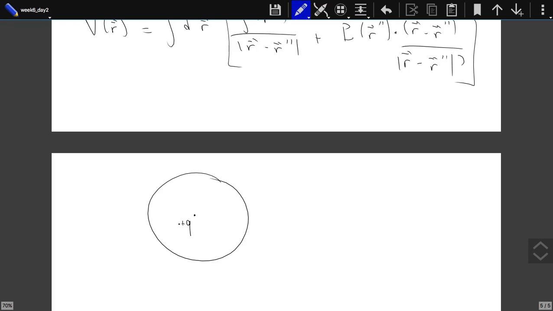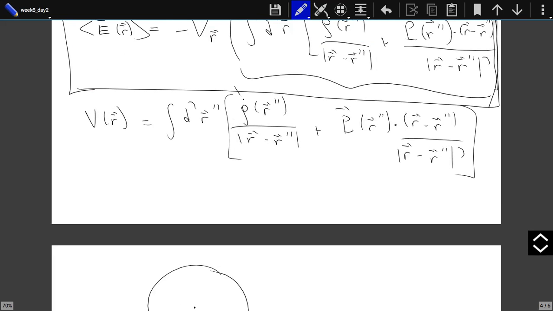So even if I have a neutral atom, the charges separate slightly. Well, the atom is neutral, so they do not contribute to this rho. Nevertheless, the charges are slightly separated. They create this dipole density, this polarization.